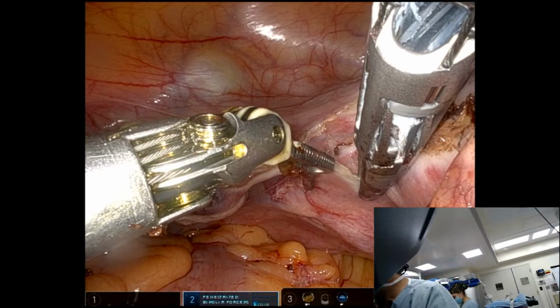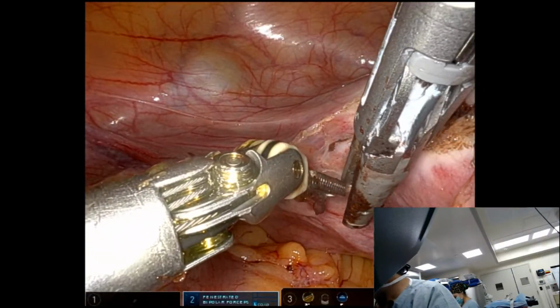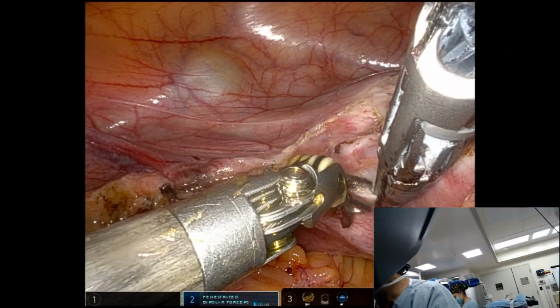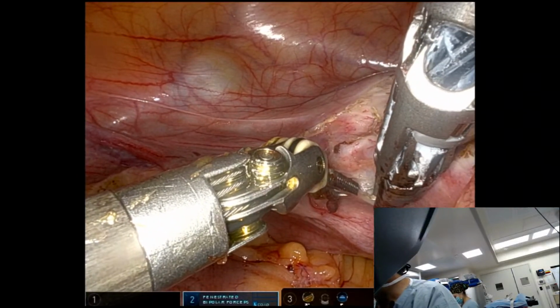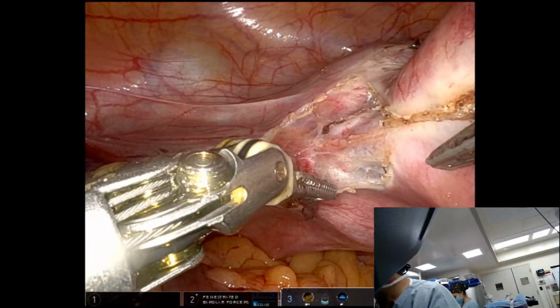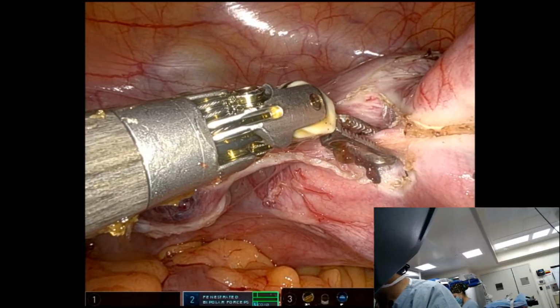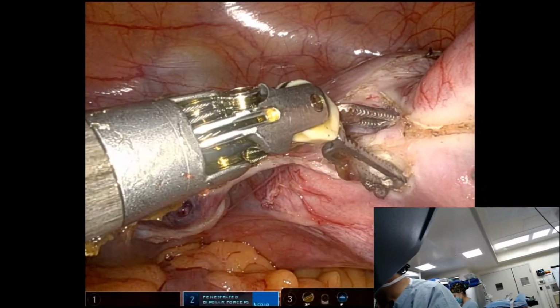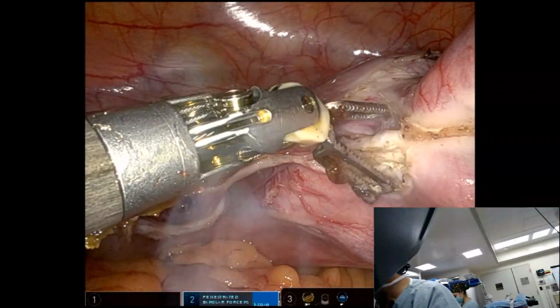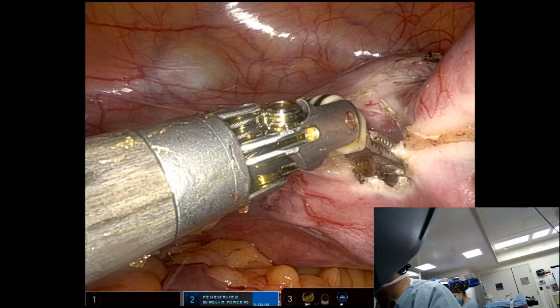Then you have to be very careful, it's very easy to lacerate the vein, but it's not a big deal. But we want to have clean surgery. But you can see here the artery and the vein bundle. Grab it with the right corner instrument. Again, my setting on the right corner instrument is 6.